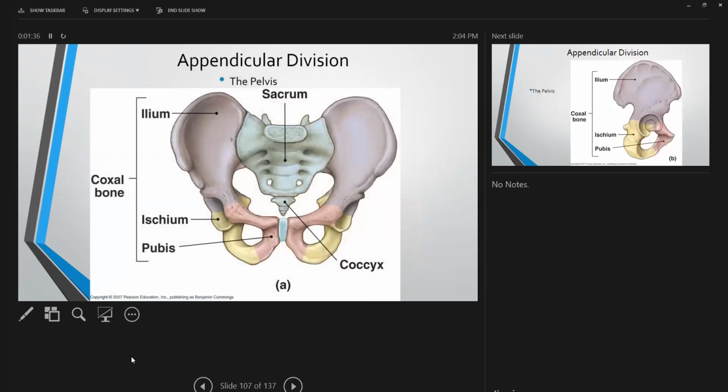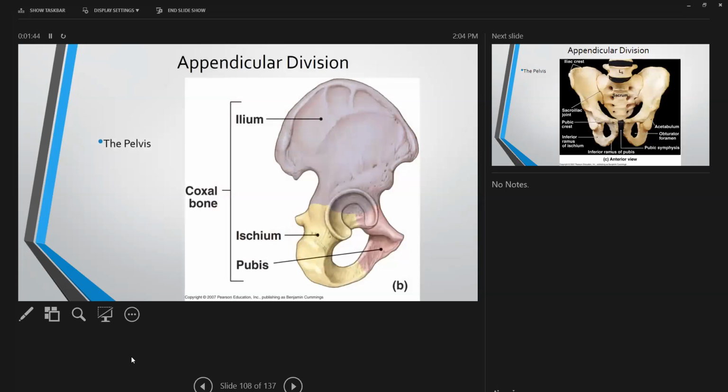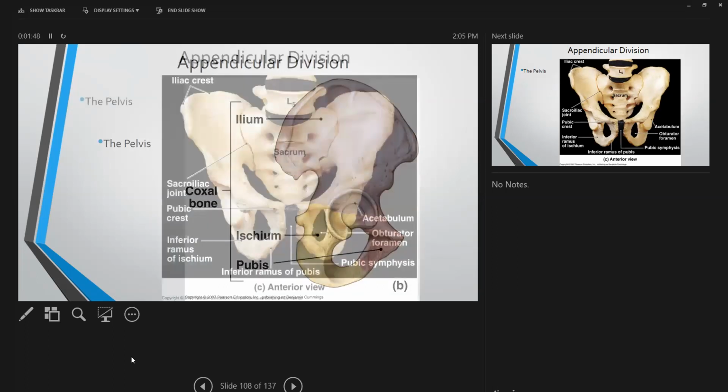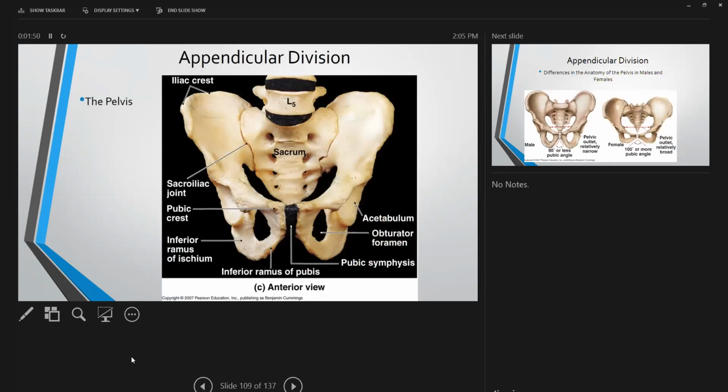And then here we get into the pelvis with the sacrum, ilium, ischium, pubis, and coccyx, which we will go more in depth on as we move along throughout musculoskeletal. But it's nice to get a gross overview at this time. There's the acetabulum, which is the articulating surface for the femur.